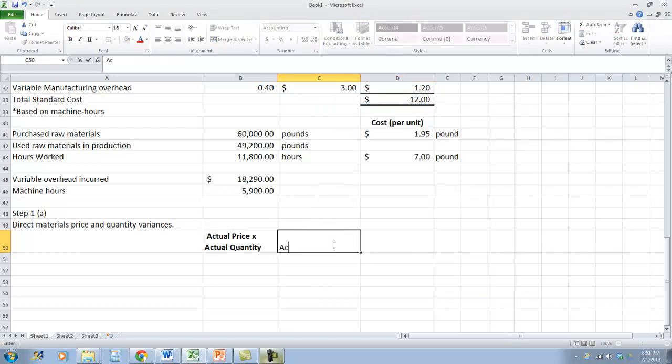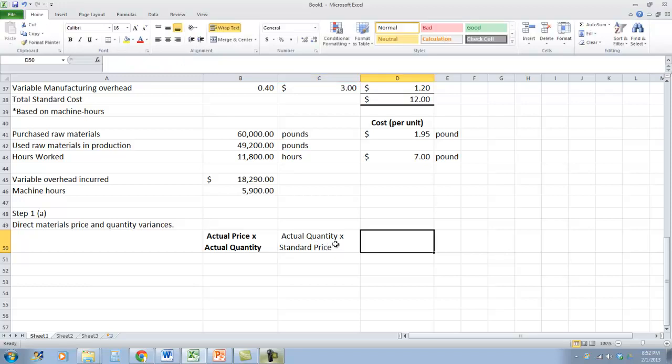Then, in order to find both of these variances, we need actual quantity times standard price. And then we need standard quantity times standard price.